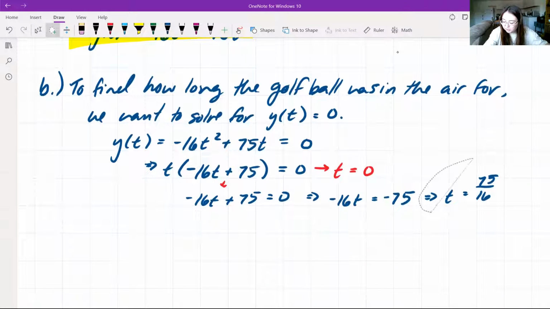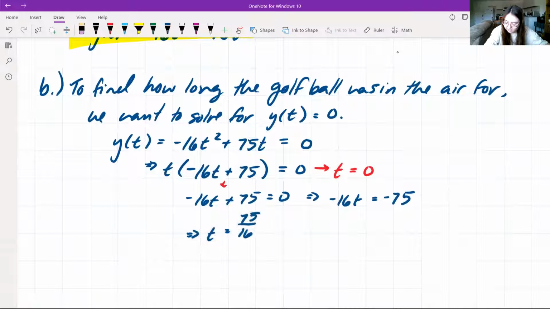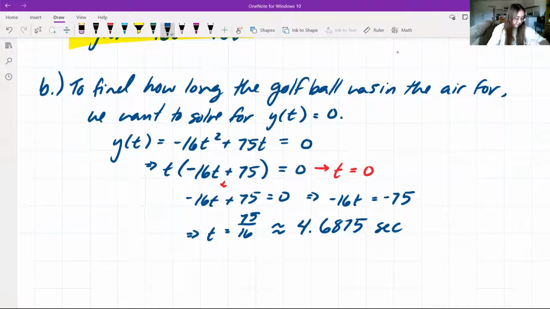So t is equal to 75 divided by 16, which we have to use a calculator to find the value of, and this is going to be equal to 4.6875 seconds.